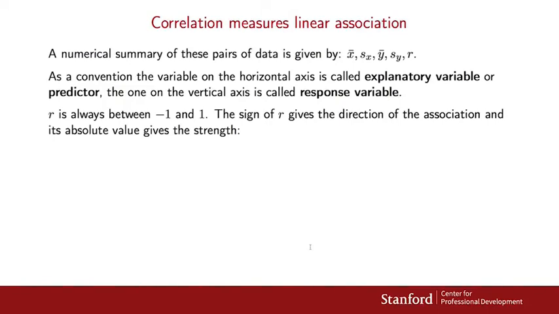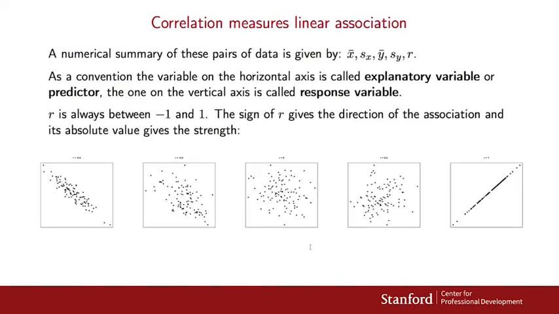It turns out that the correlation coefficient r is always between -1 and 1. The idea is that the sign of r gives the direction of the association, whether it slopes up or down, and the absolute value of r gives its strength. Here are a number of examples. In the leftmost case, we have r equal to -0.9.